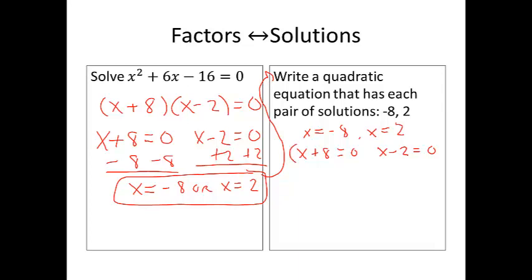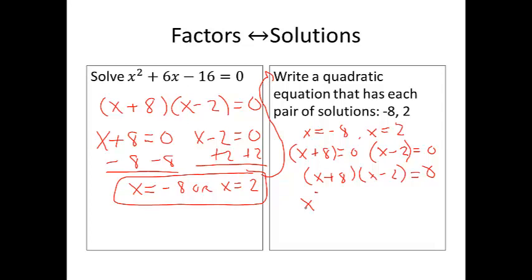Well, if each of these are factors and we multiply them, we get an equation of x plus 8 times x minus 2, and that would have to equal 0. The only thing that we have left then to do is to just FOIL.